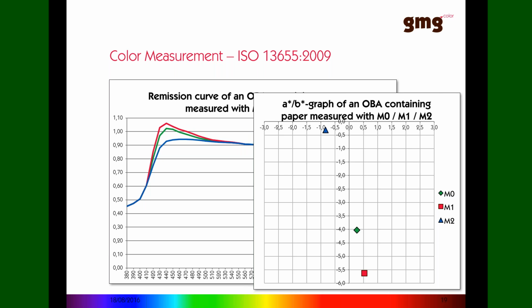Then using the M1 measurement condition in red, the one on the lower side, the OBAs react even more because there's more UV light in the light source, so it gets even more bluish and a slight hint more reddish. If we look at this OBA containing paper under the current norm light, it would also reflect to our eye what we measure here with the M1 measurement condition, so with 100% UV light.